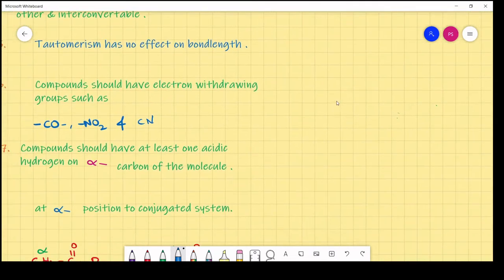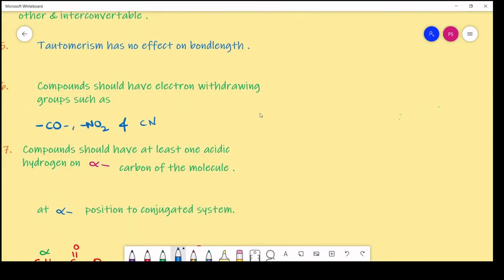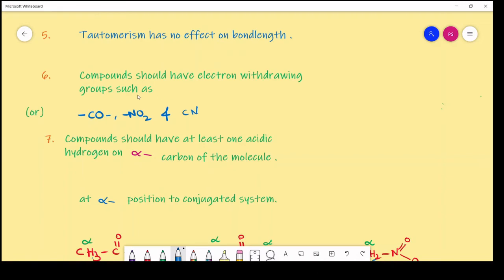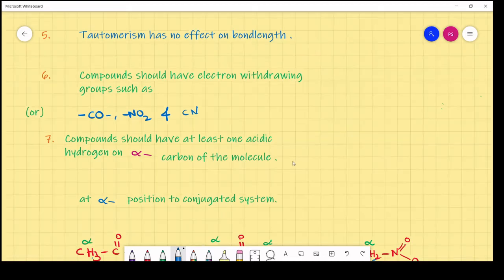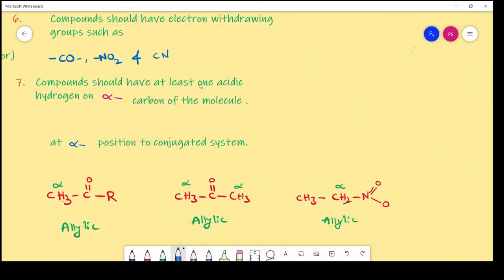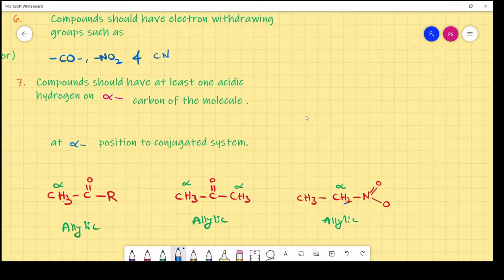The next point is that the compound should have electron withdrawing groups such as keto, nitro, cyano, ester, etc. And the next point is that the compound should have at least one acidic hydrogen on the alpha carbon of the molecule, at the alpha position to a conjugated system. So these 2 points are very important.